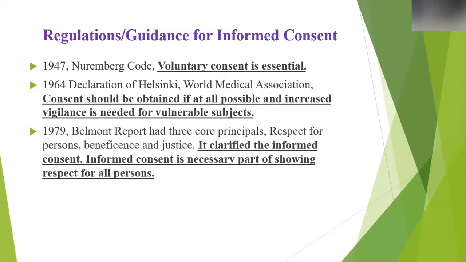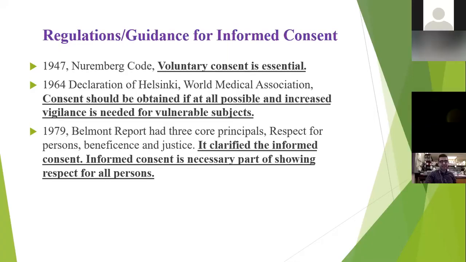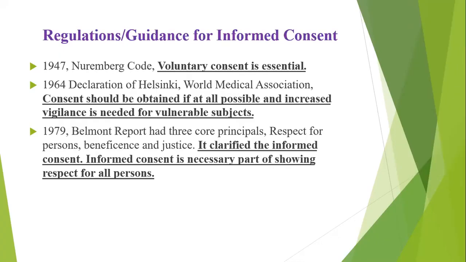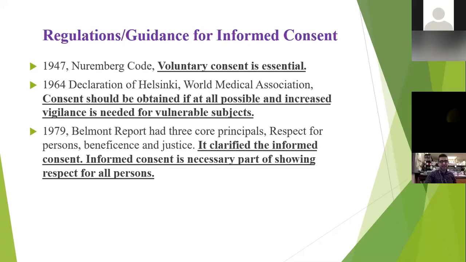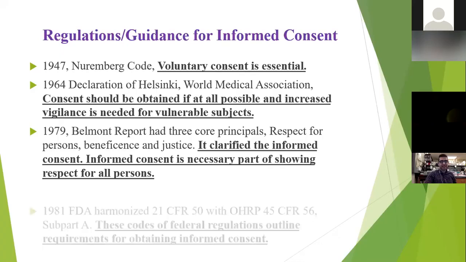In 1979, the Belmont Report came as a result of the National Research Act, which was a result of the Tuskegee syphilis experiment. The Belmont Report had three core principles: respect for persons, beneficence, and justice. It clarified that informed consent is a necessary part of showing respect for all persons.